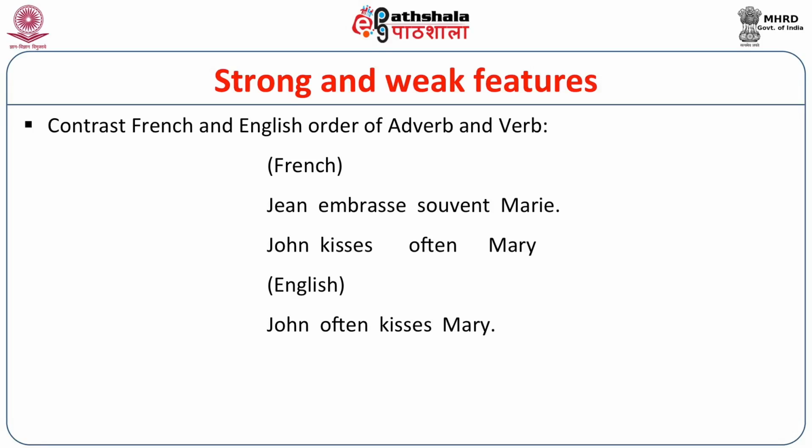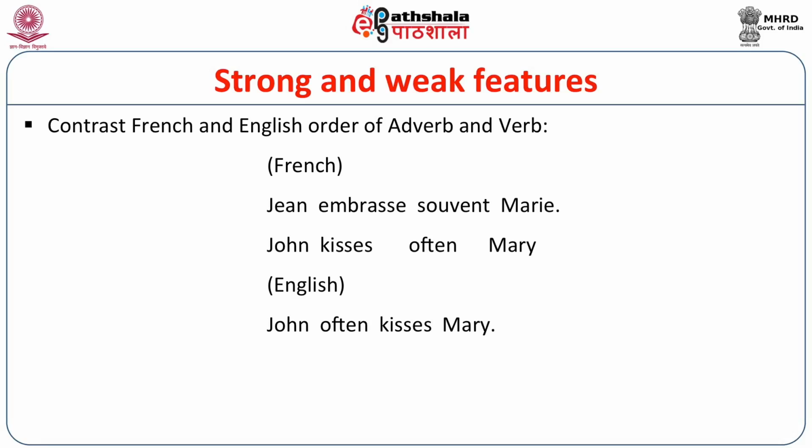In English, look at the position of the verb and an adverb in the following sentence. John often kisses Mary. The adverb comes before the verb. The verb follows the adverb. John often kisses Mary.